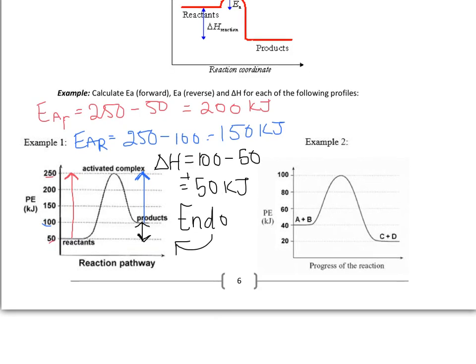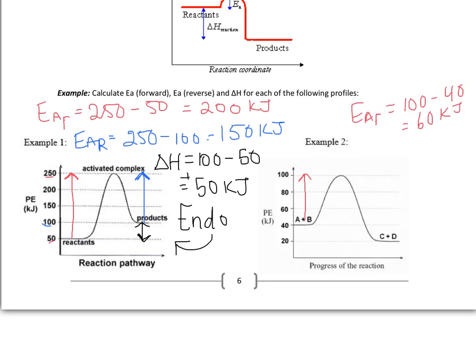We can now do the same thing for example number 2. To find EA forward, it's always between the reactants and the activated complex, or the top of the hill if you want. In this case, the activated complex happens at 100 and the reactants at 40. This gives us an activation energy in the forward direction of 60 kilojoules.